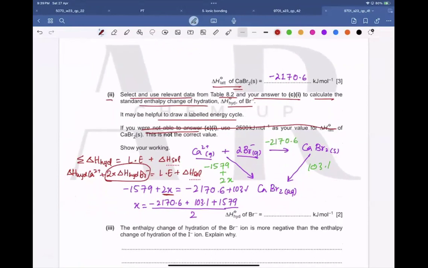Can Asif and Maham and Shahan, can you guys recheck your answer, please? 2170.6 minus 103.1 minus 15.